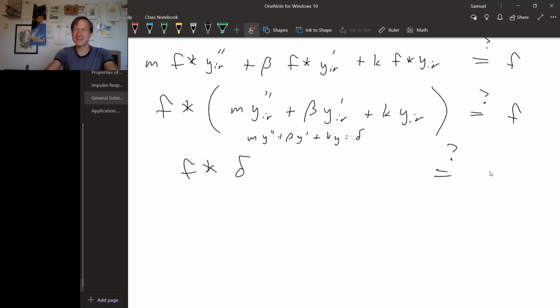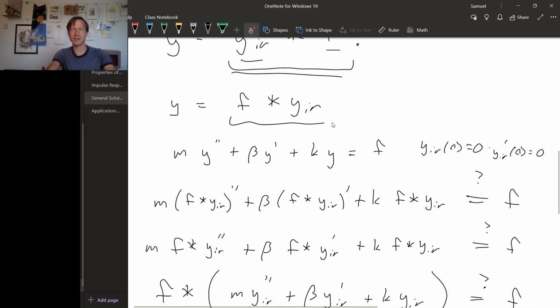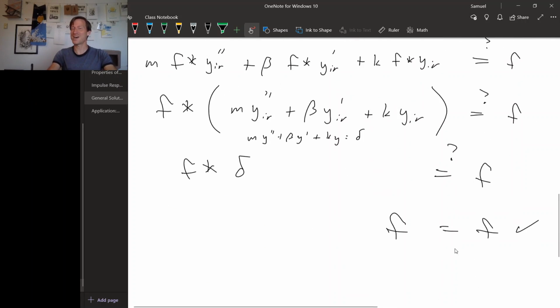And f convolved with delta is f. So this shows that our formula for the general solution really is a genuine solution to the differential equation, which is maybe a bit of a surprise since it looks so simple, but in fact, it works.